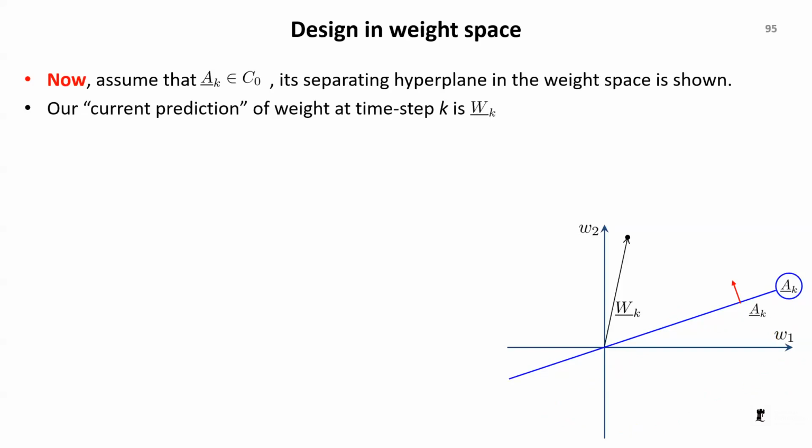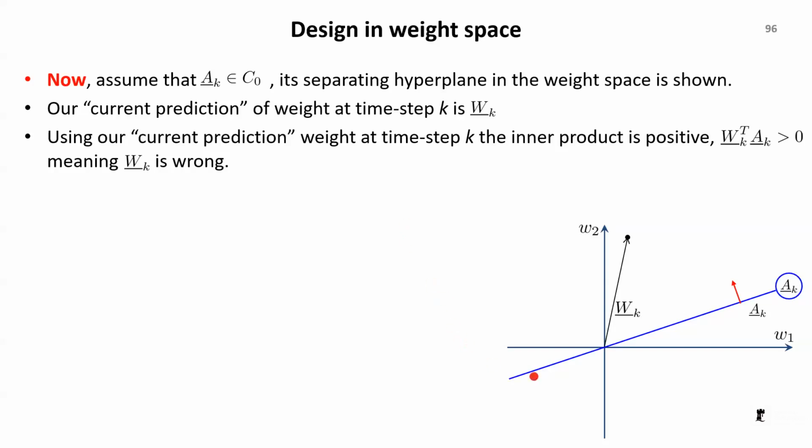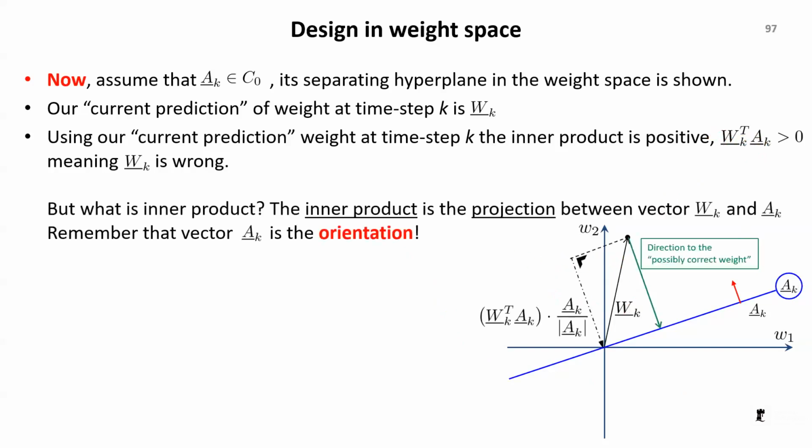Now, if I multiply the weight with the input point, what I have is a positive, which is wrong. So again, I perform the inner product times the normalized point vector.